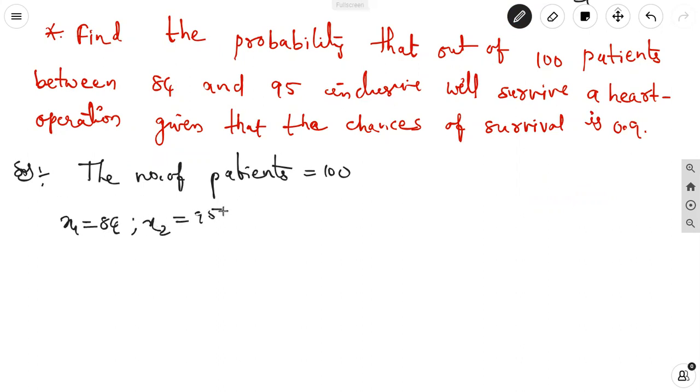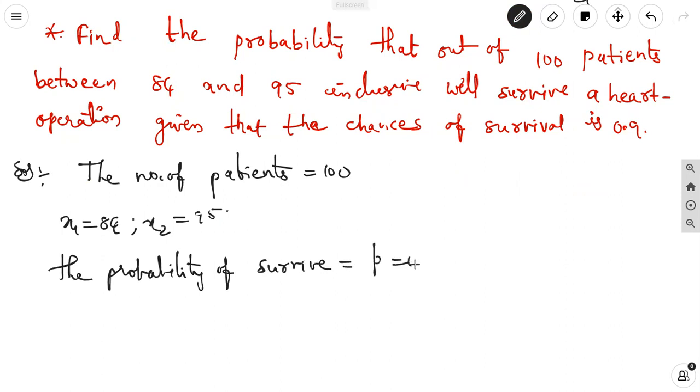We are calculating the limit of the probability, inclusive, that they will survive a heart operation, given that the chance of survival is 0.9. That is, the probability of survival p equals 0.9. Then q equals 1 minus p equals 1 minus 0.9.